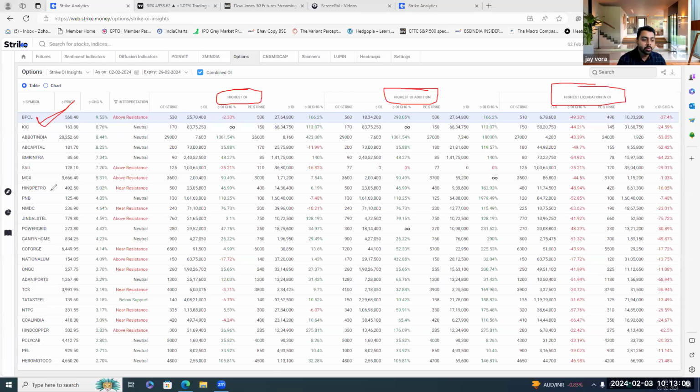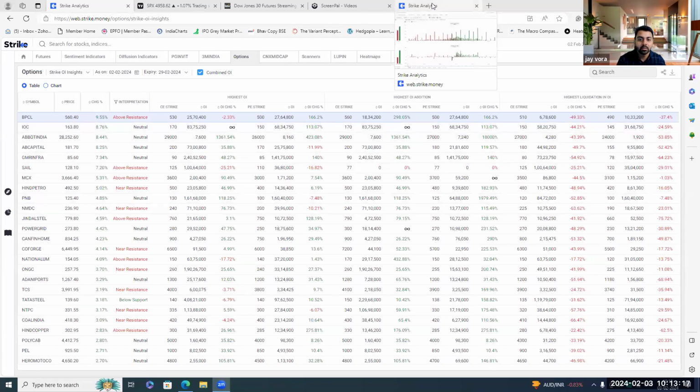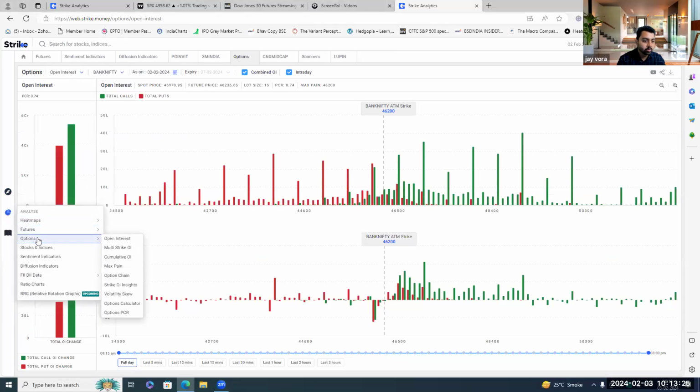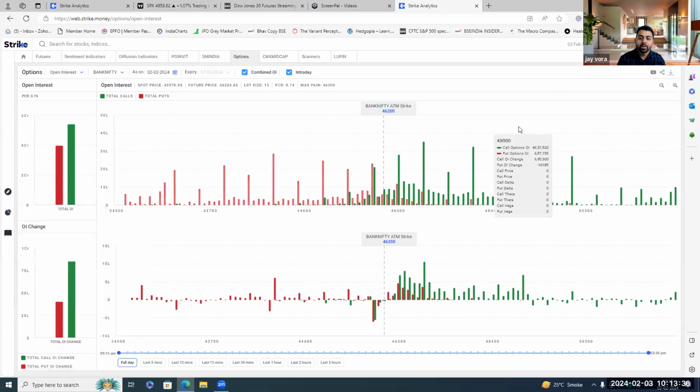The purpose of this screen is that you don't want to go and see the option chain and then try to analyze where the entire action is happening in the options. So basically, you hover on the second button, you go to options, and then you go to option open interest. Wherever you see a large green bar, that is the point where there is highest open interest, right? So that is what our screen will capture.